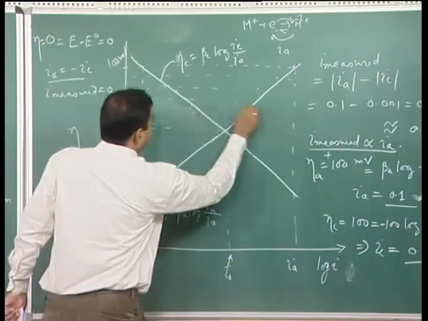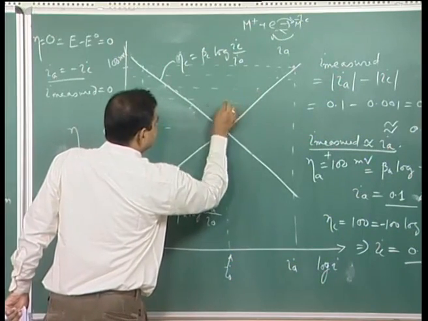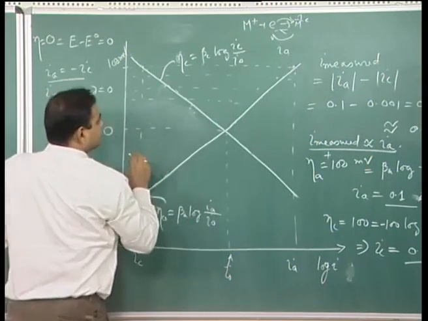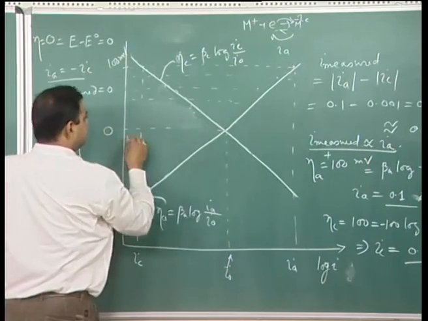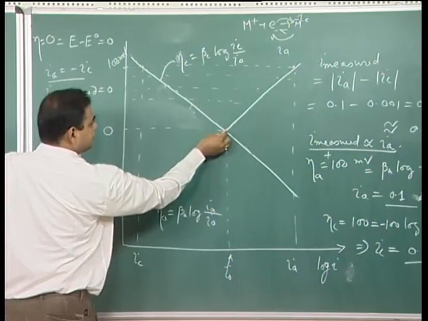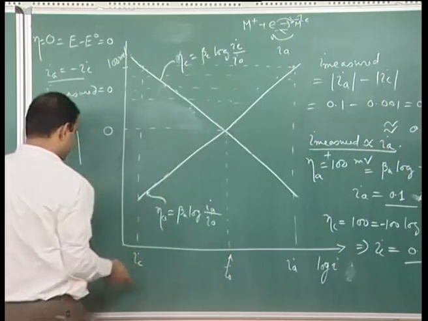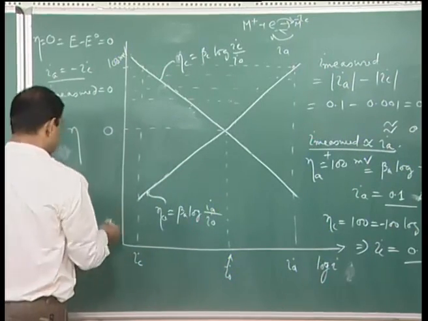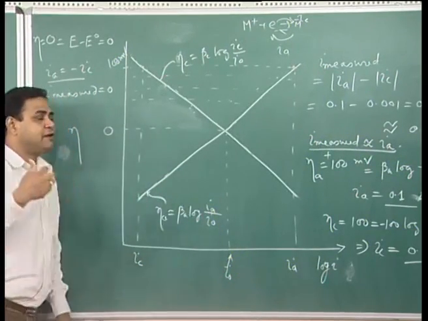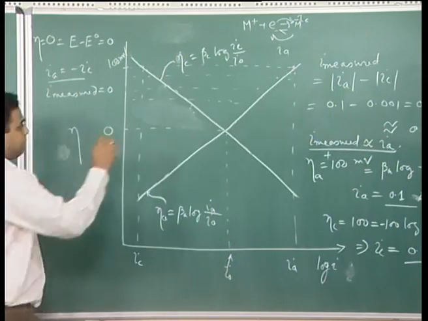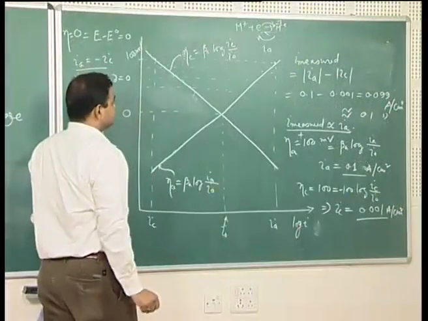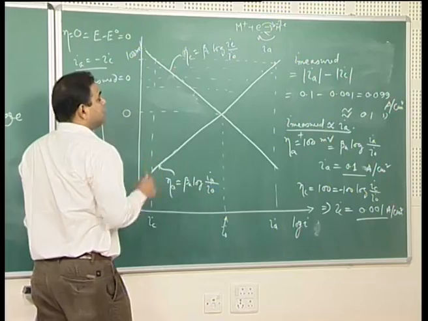Gradually, I can see that I measured will come here. Now, as I come close to this, I will see that I measured would have the effect of IC also. At a very, very high positive overpotential, I measured would be equal to IA.